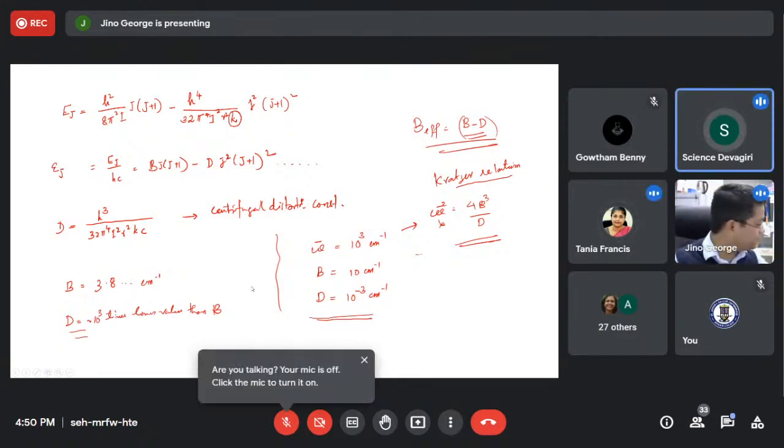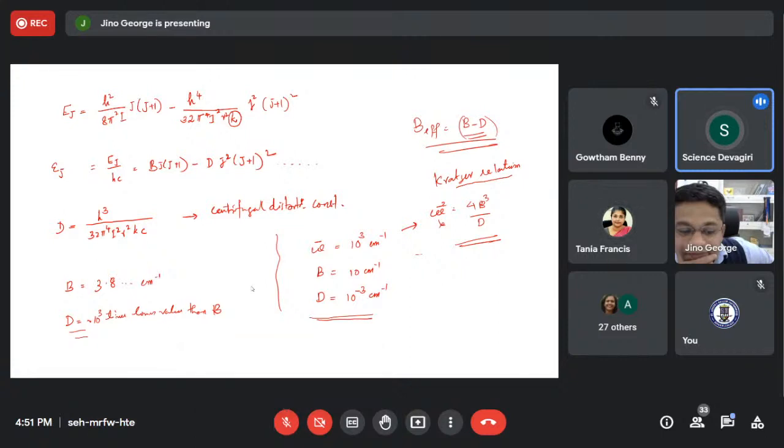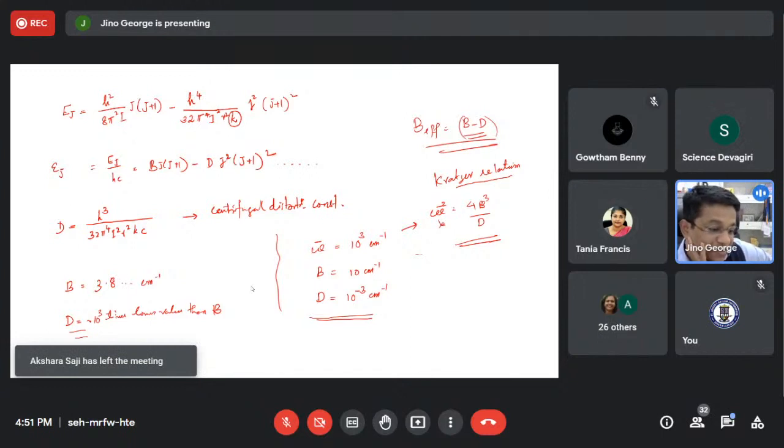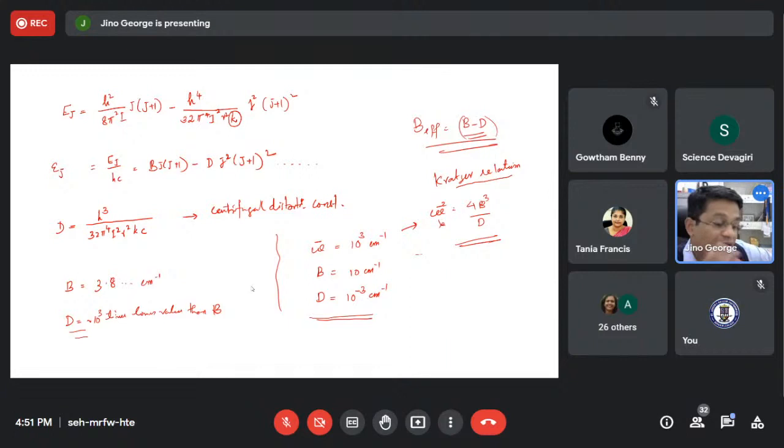Dr. Jino, I have a question. Not related to the subject, but how much does this rotational spectroscopy instrument cost? I have not seen one. For microwave spectrometers, normally they go up to 100 something.